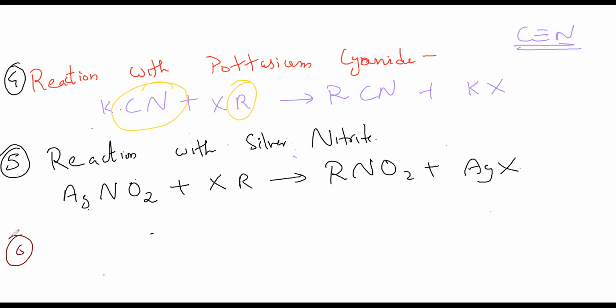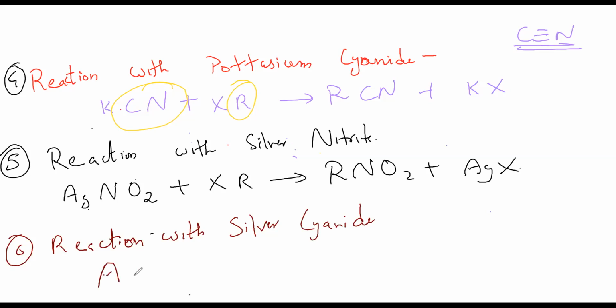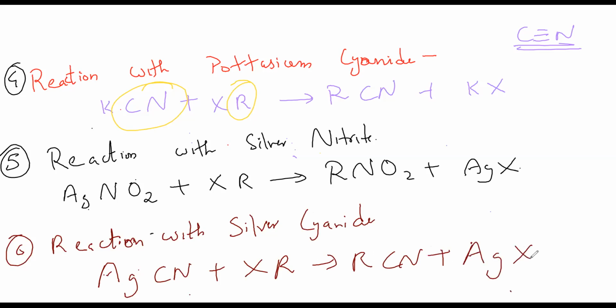Sixth one, reaction with silver cyanide. So instead of NO2, I'll just put CN. Same thing, XR. So what will I get? RCN or RNC, that's not a problem. Plus AgX.